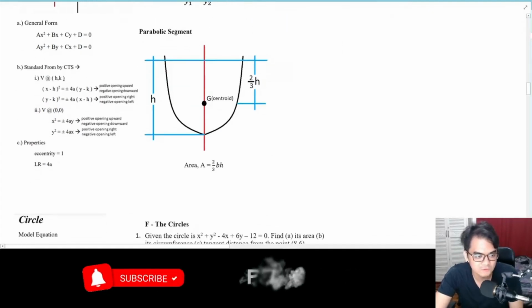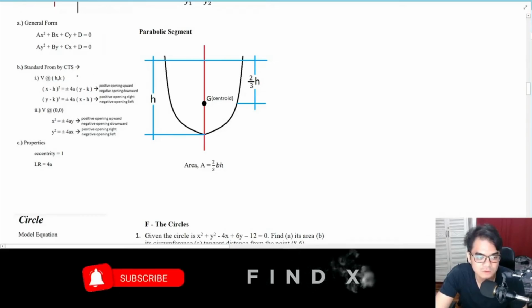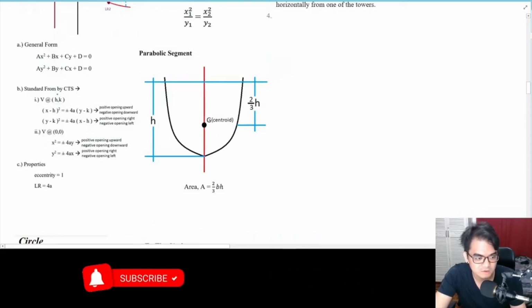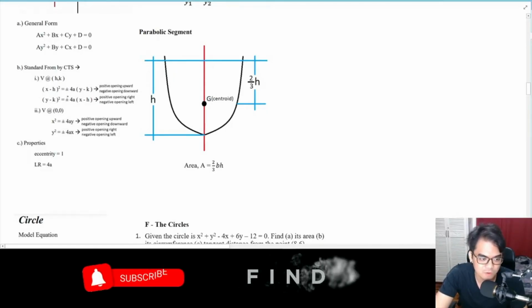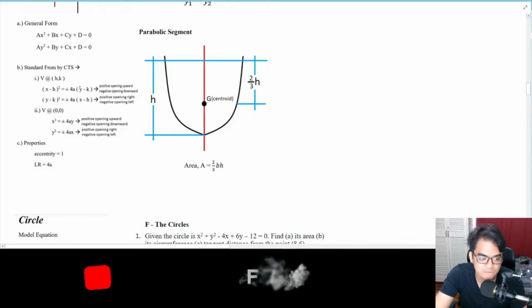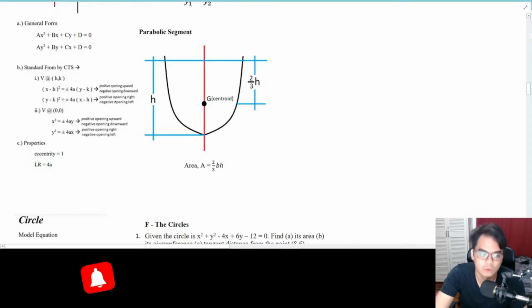Then we have the standard form, obtained by CTS or completing the square. In the first one, the vertex is at (h, k), and (x minus h) squared equals plus or minus 4a times (y minus k). If 4a is positive, the opening is upward, and if it's negative, the opening is downward.